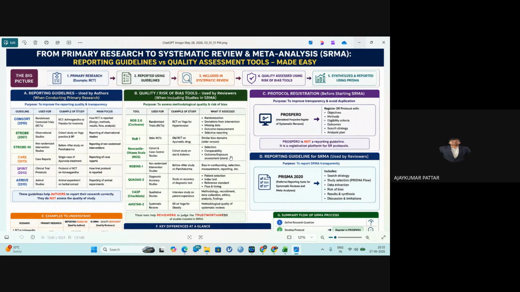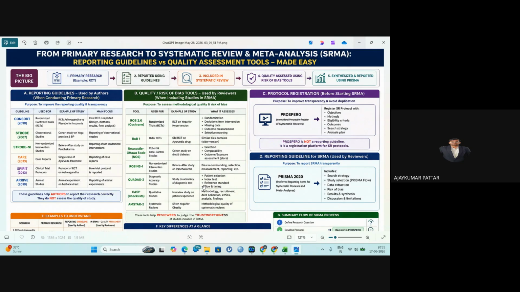ROB for the randomized trial, ROB-I for non-RCT, then for case and cohort, the New Castle Ottawa Scale, and for non-randomization, ROBINS-I, CODA. So a number of tools are there, validated to check the quality of the included paper.